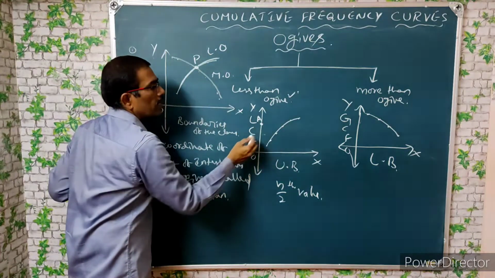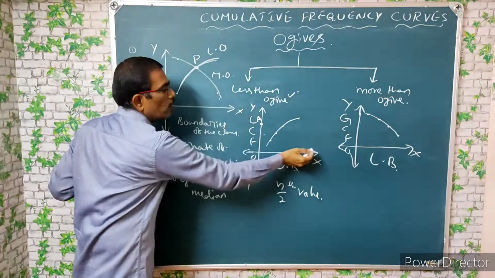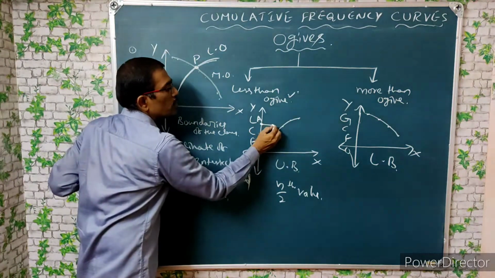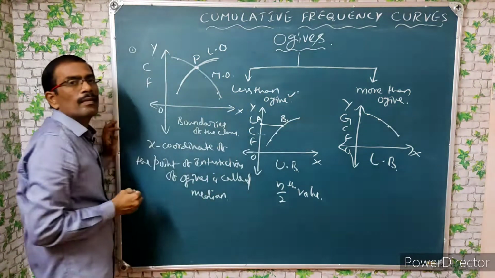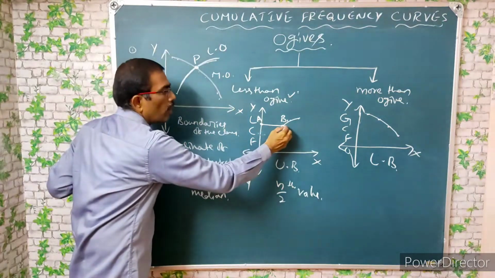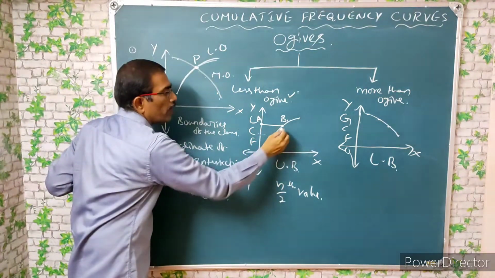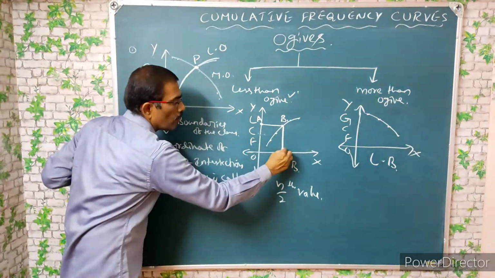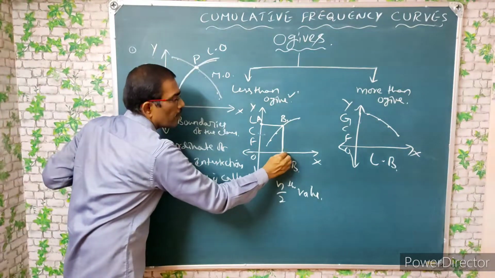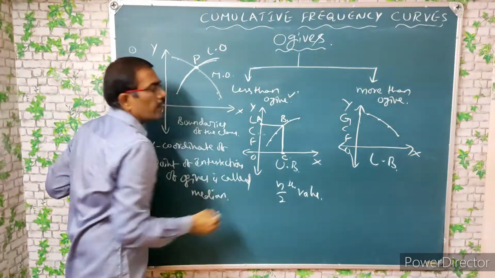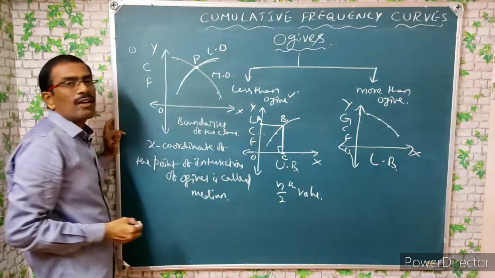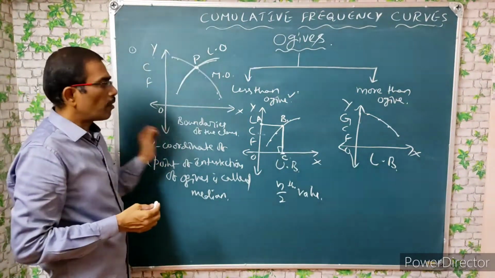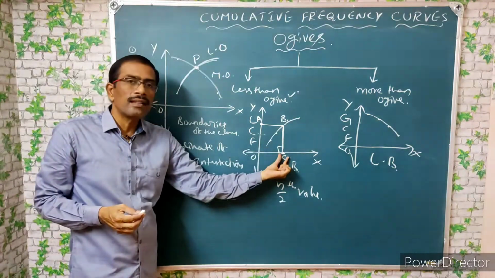From this point, draw a line parallel to the x-axis, which intersects the curve at B. And again, draw a line perpendicular to the x-axis, which intersects the x-axis at C. So the foot of this perpendicular is called the median.